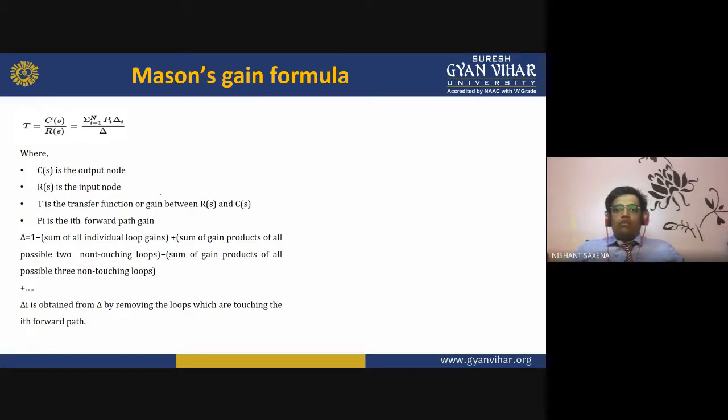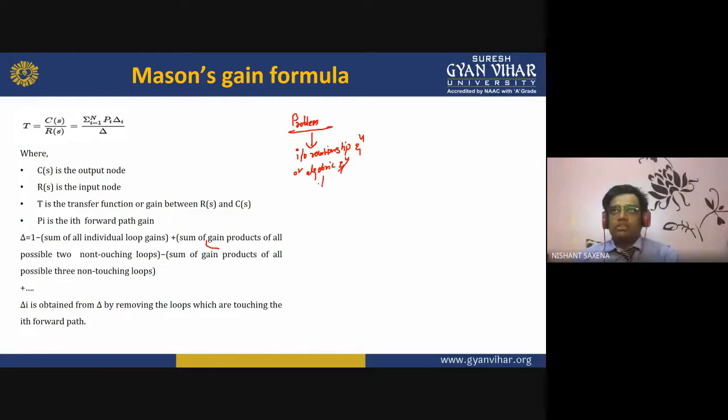So first of all, what we have done till now: we are having one problem. From that problem, we have identified the input-output relationship equations, or algebraic equations.